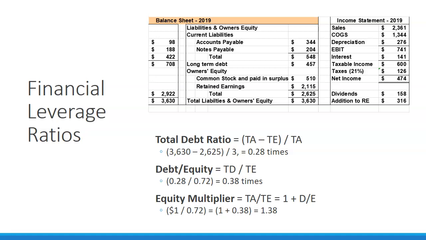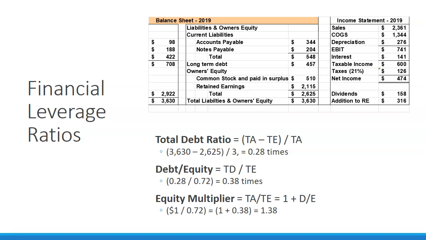Next, we look at the debt to equity ratio. So our debt is 0.28, leaving an equity of 0.72. So our total debt to equity ratio is 0.38 times. And then we have the equity multiplier.